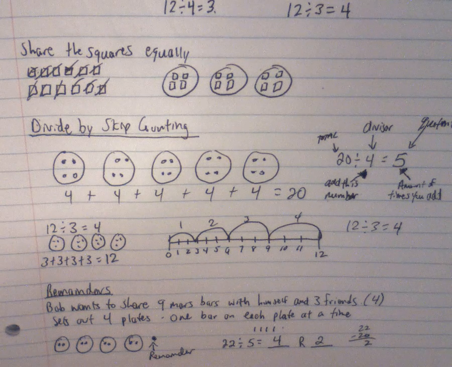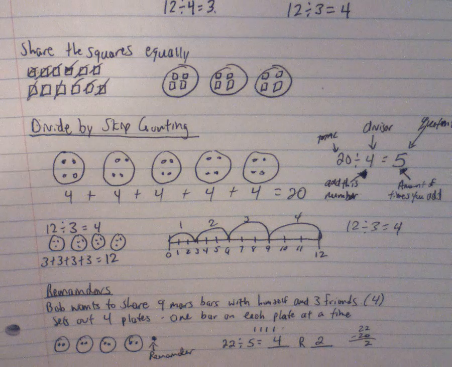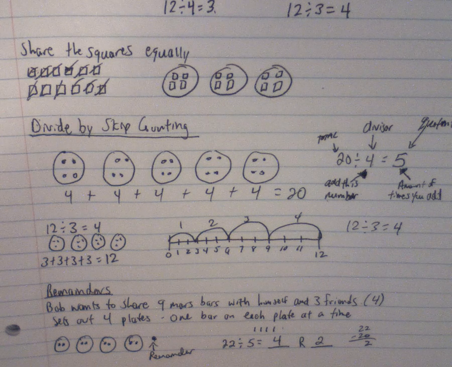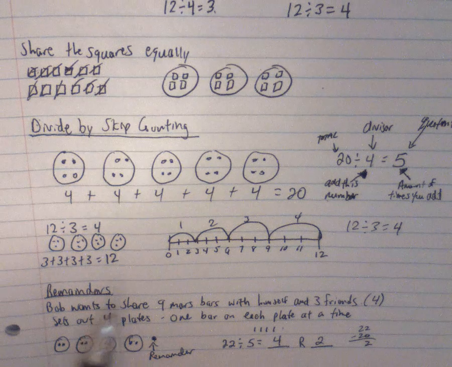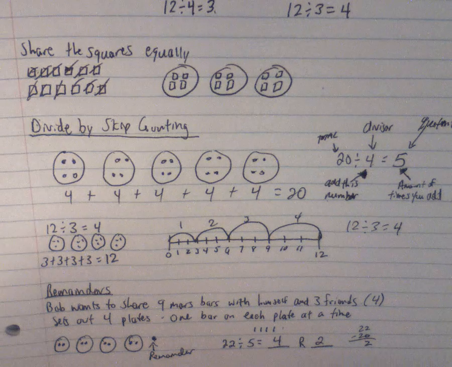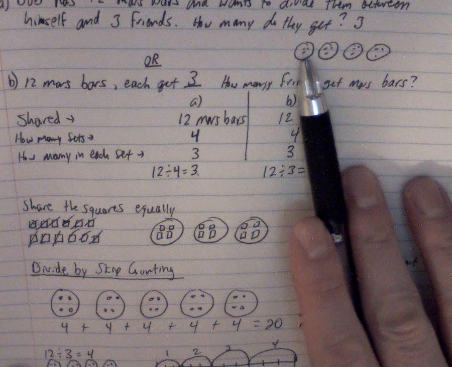Okay, guys, this is our math lesson for today. It's not going to be that difficult. What I want you to remember is that with remainders and with division, it always has to be equal. If you noticed, all of these circles that I did all have equal amounts in them.